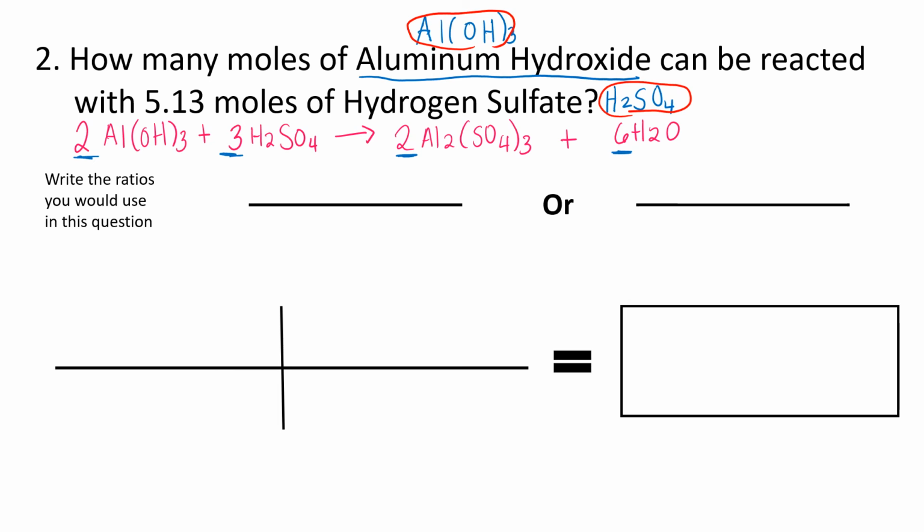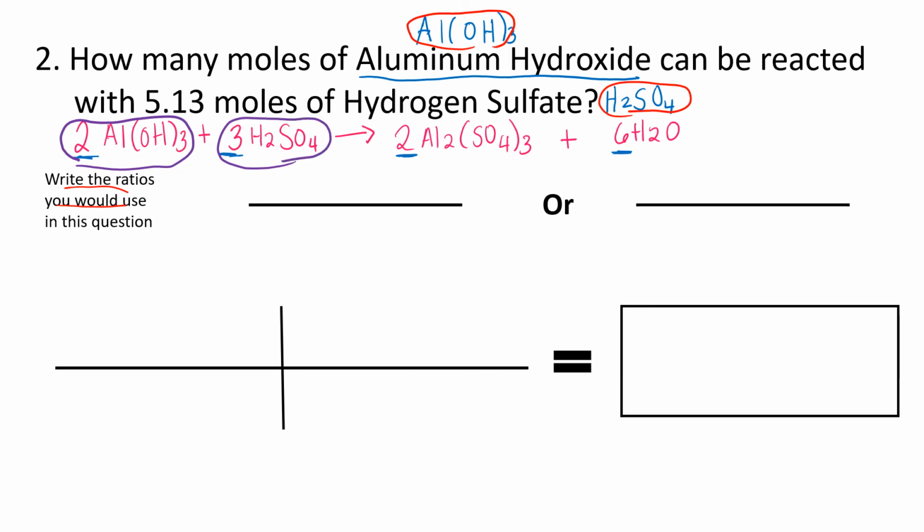So what we're going to do is make a fraction or a ratio out of it. It says write the ratios that you would use in this question. So we're only going to use the ones that involve what's written in the question. Aluminum hydroxide, here it is, right there. So I'm going to circle it, because that's one of the ones we're going to use. And then hydrogen sulfate, it is right here, so I'm going to circle that one.